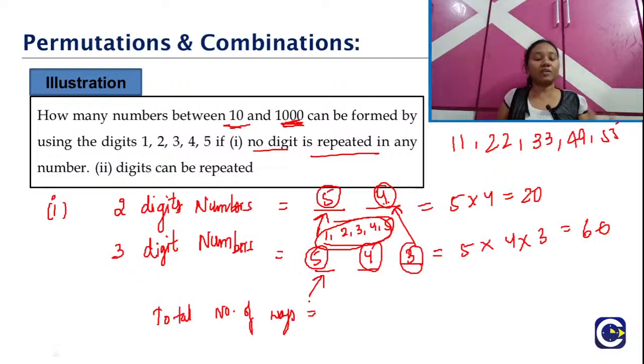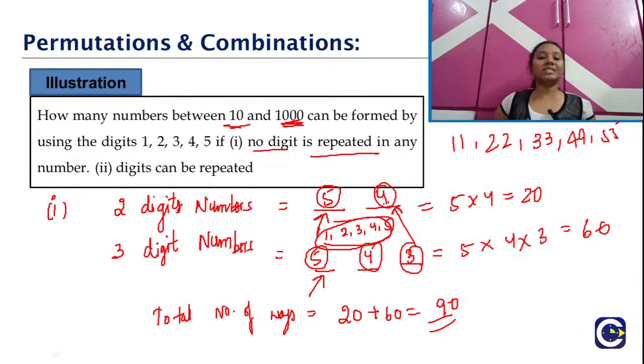That means it will be our addition principle. So now it will be 20 plus 60, which is equal to 90. So when no digit is repeated, the numbers between 10 and 1000 can be formed in 90 ways.